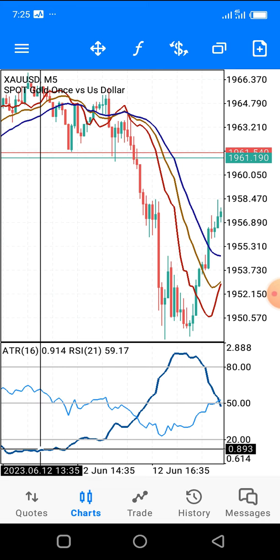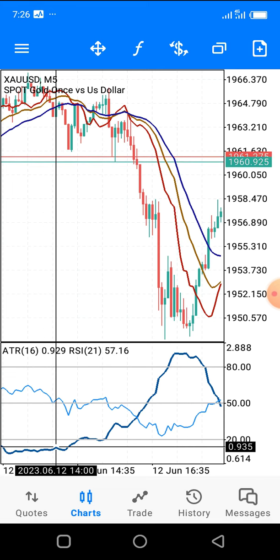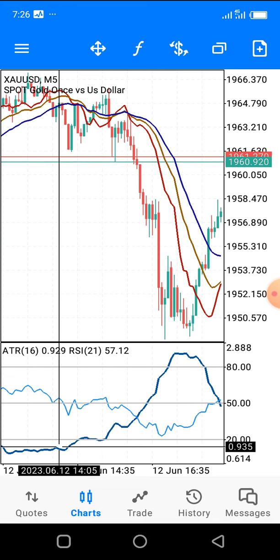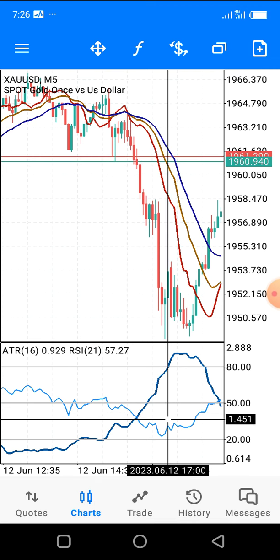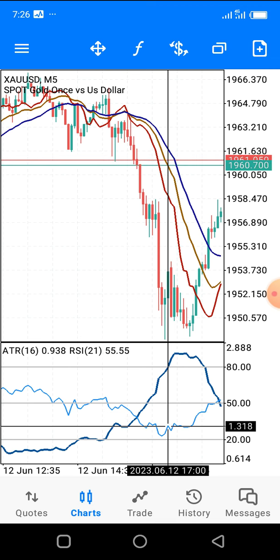That particular market is going to be weak. There won't be much movement expected in such a market. But for RSI, we know how it works. Whenever it's reading below 50, it's a strong sell momentum. RSI is all about the momentum, while ATR is all about the volatility of the market.